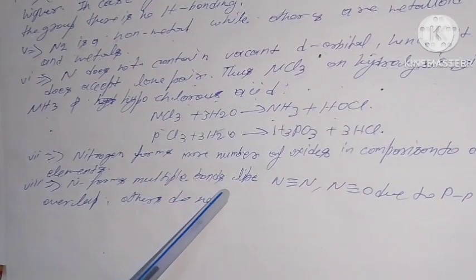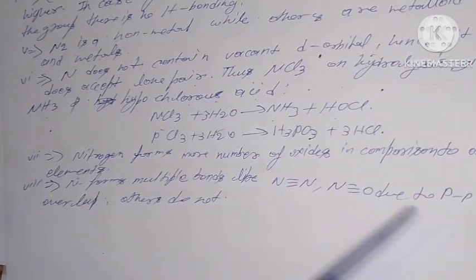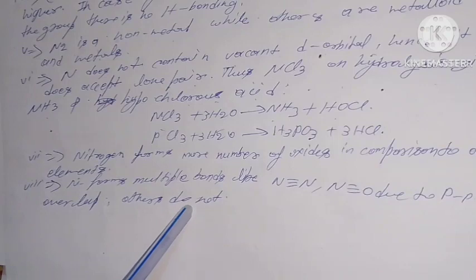Nitrogen forms multiple bonds like N≡N and N≡O due to pπ-pπ overlap, others do not.